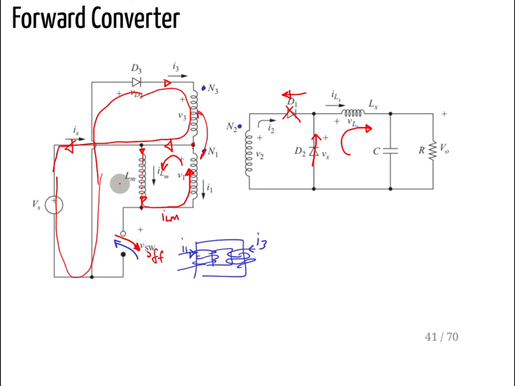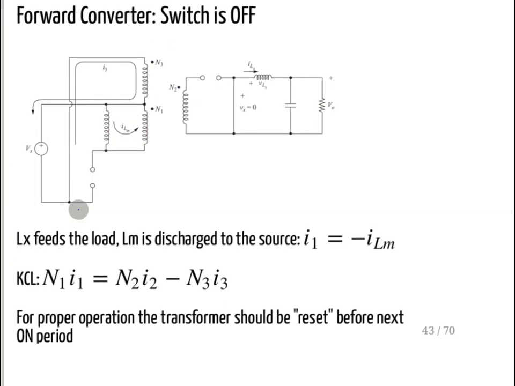The energy that is being stored in LM is sent back to the grid. Let me draw it here. It is coming from here, and that current is induced on the other one. I will write the mathematical terms, don't worry, but try to understand the basic concept.